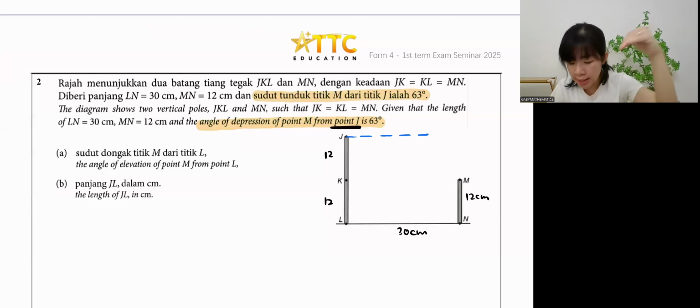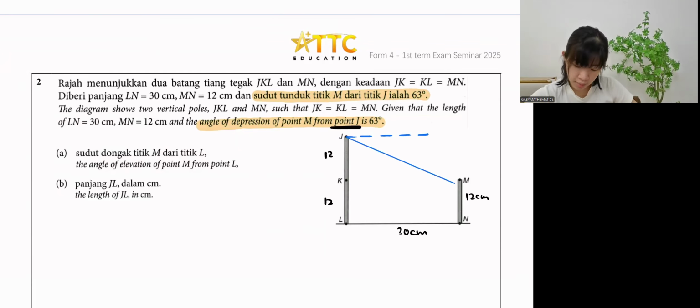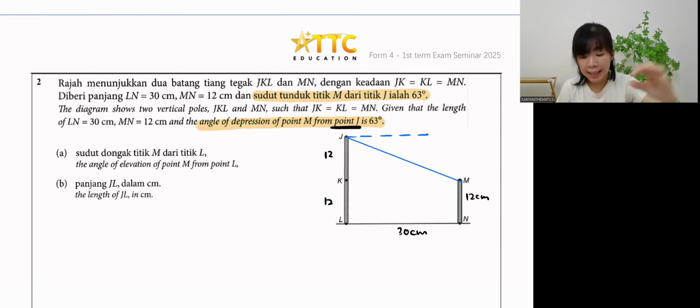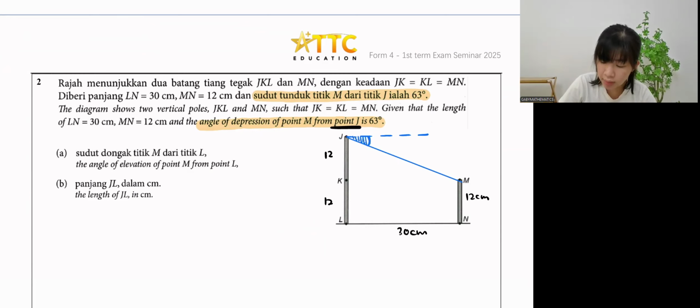Then from J, now only you draw a line to M. Go down. You always need these two lines. Then only you label the angle in between. Here, 63. Understand? If you forgot to draw this eye level, this horizontal line, you will think that 63 is this angle. But no. So now the 63.